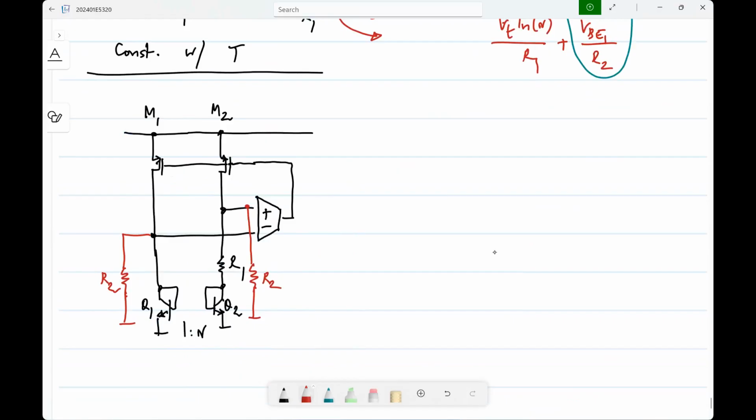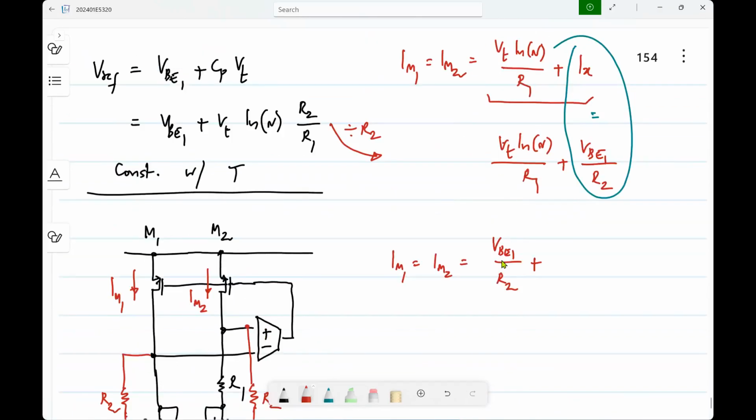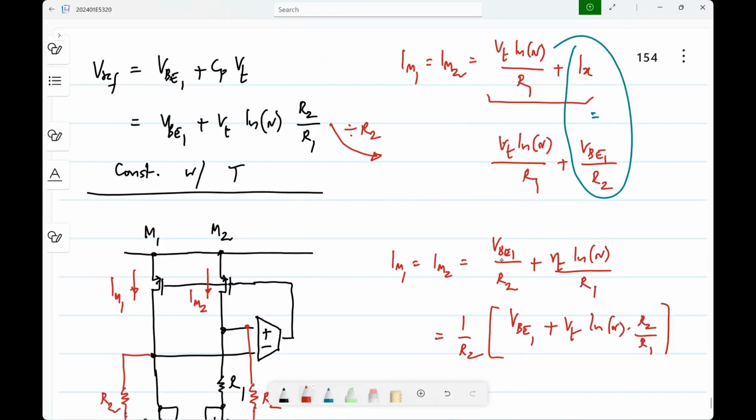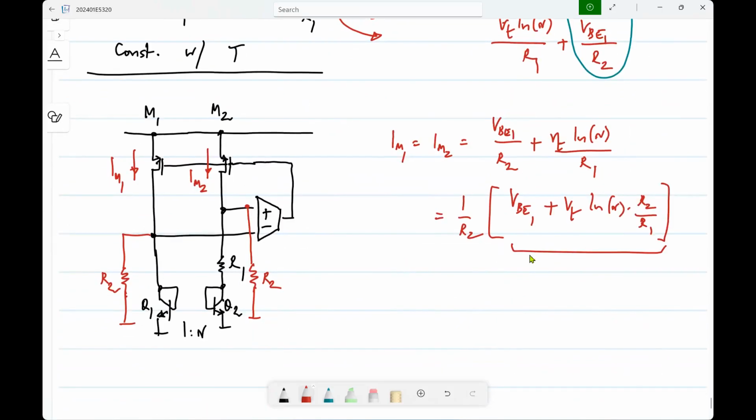So IM1 and IM2 are VB1 by R2 plus VT log n by R1, which is basically 1 by R2 times VB1 plus VT log n R2 by R1, which is nothing but Vref, the band gap reference voltage.